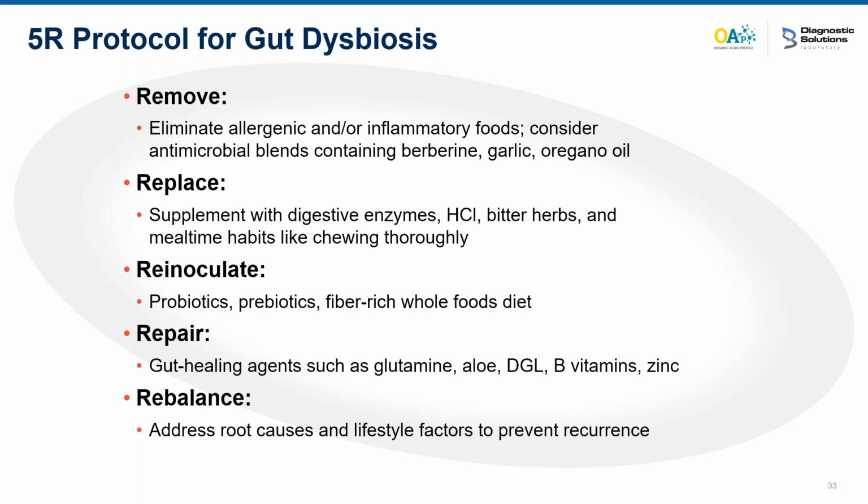That would be more on the gentle side of just optimizing digestion. Whereas other clinicians may want to do a 5R protocol with antimicrobial herbs and the full 5 steps. And it's also a perfectly great idea to run a GI-MAP if that's possible, to get more details about what's going on in the gut.